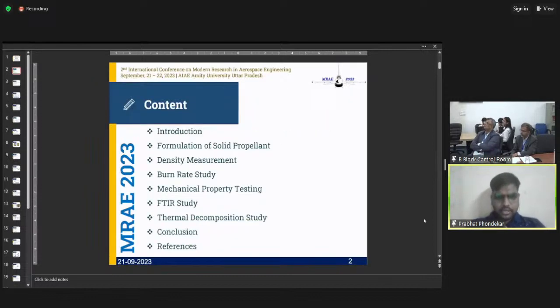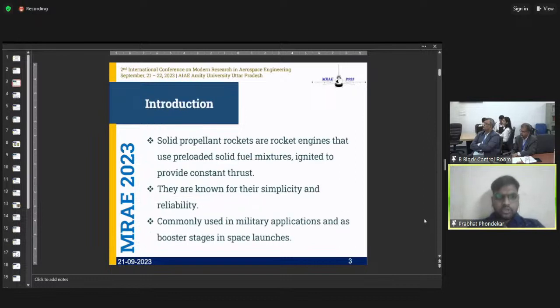Now the contents. First we'll talk about some introduction of our work, then the formulations, the density measurement, the methodology, then the conclusion and the references. So, introduction. Solid propellant is one of the most reliable and commonly used boosters.